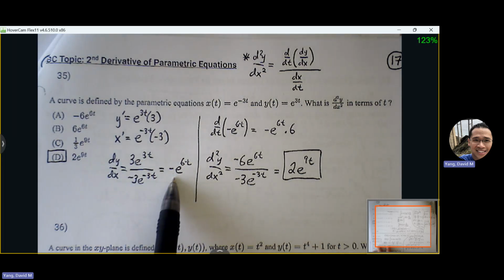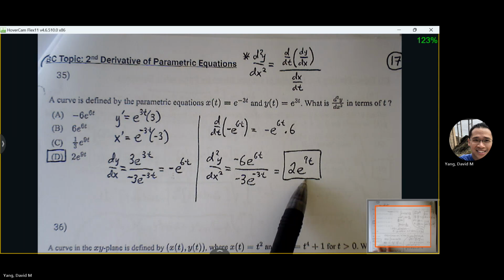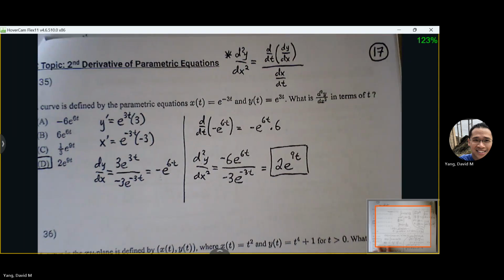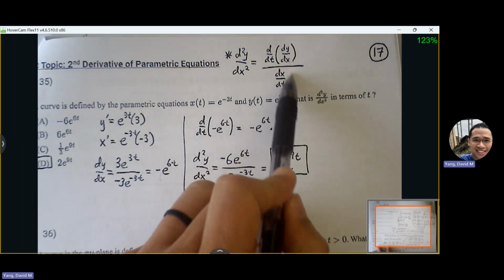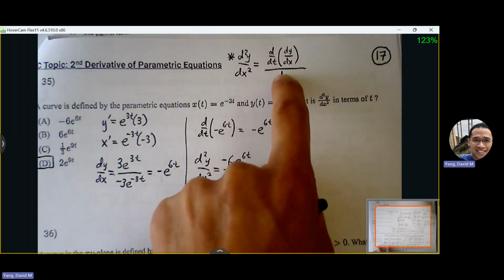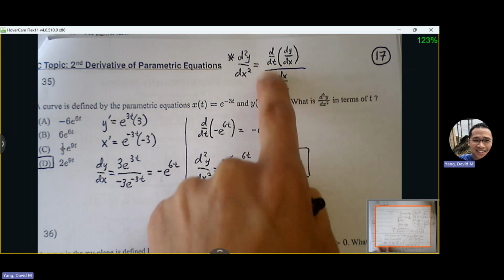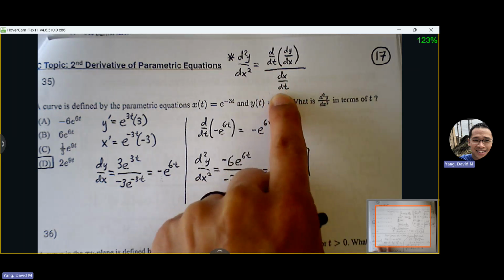That's our dy/dx. To get to the second derivative, we take the derivative of this and then still divide by dx/dt. Everything within this process feels pretty straightforward. It's just that we have to remember, oh, I still have to divide by dx/dt as part of my second derivative process.